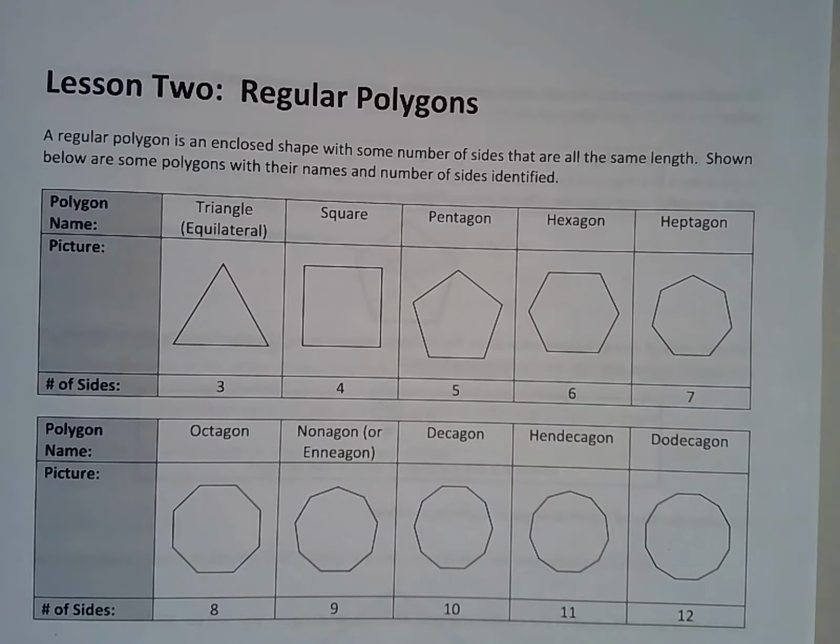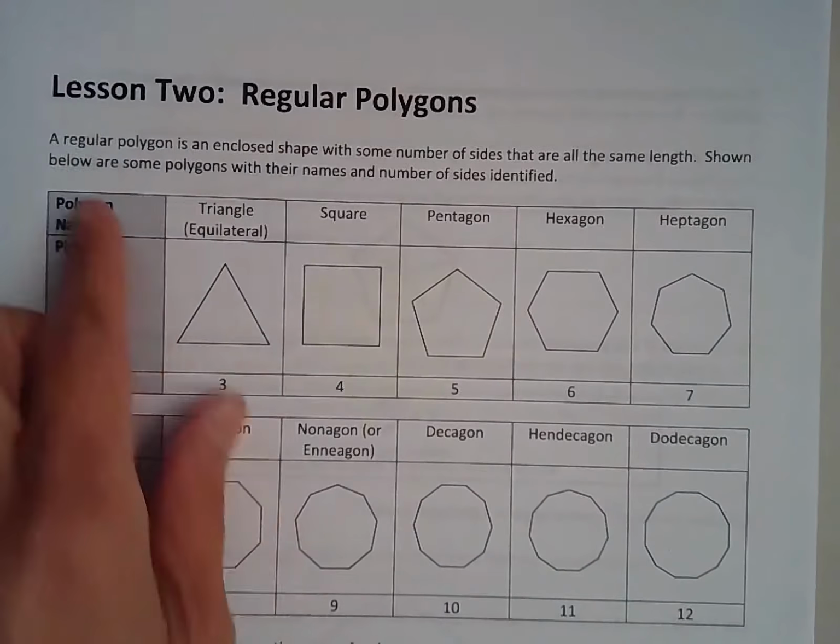So we're going to be talking about regular polygons. Now, this is pretty special because it has certain characteristics that are true for all regular polygons. But before we get into that, what do we mean by regular polygons?